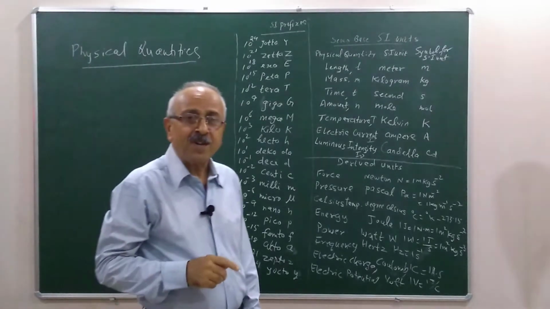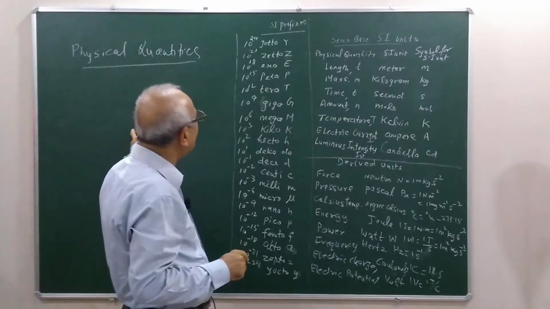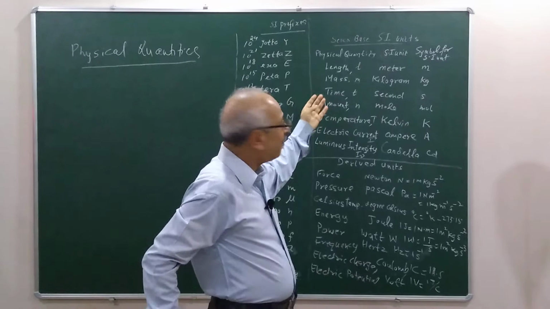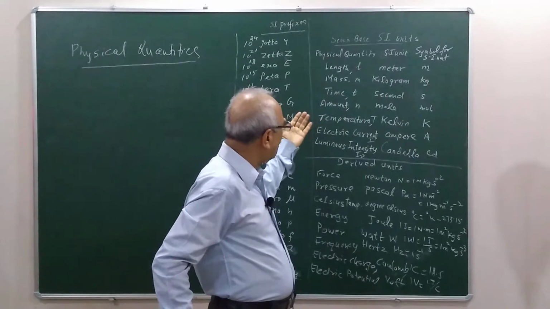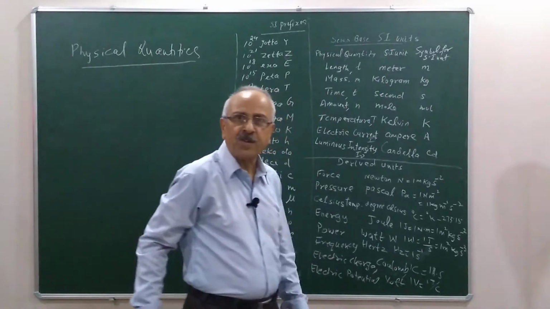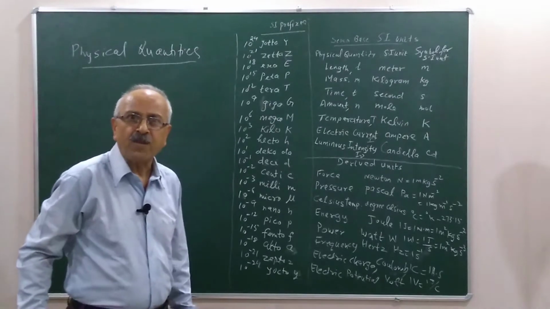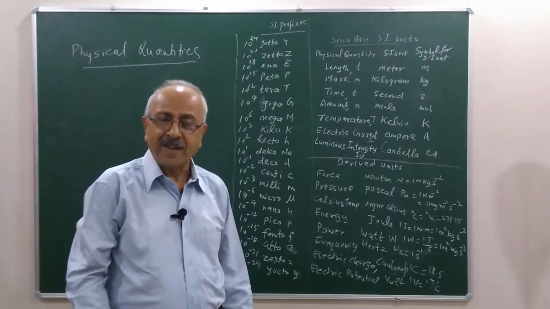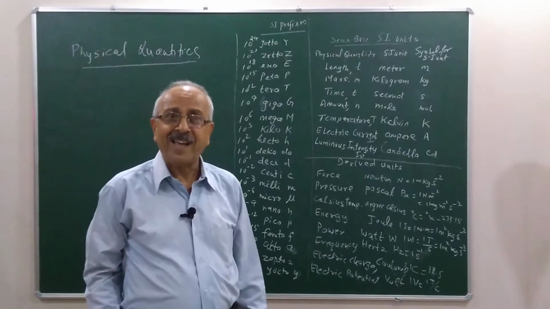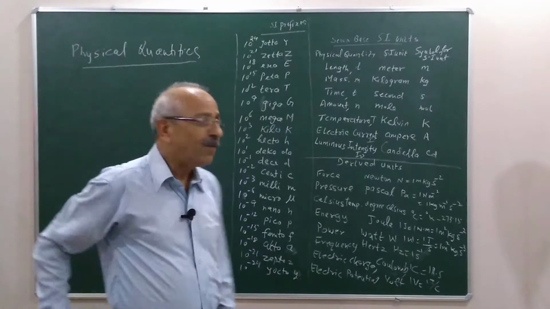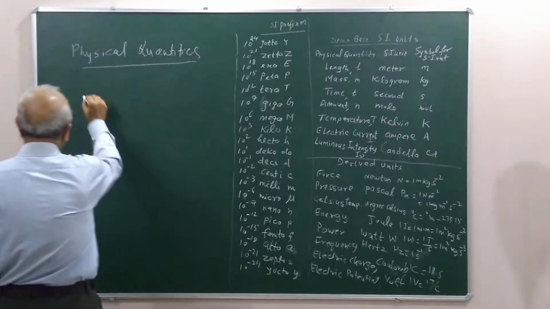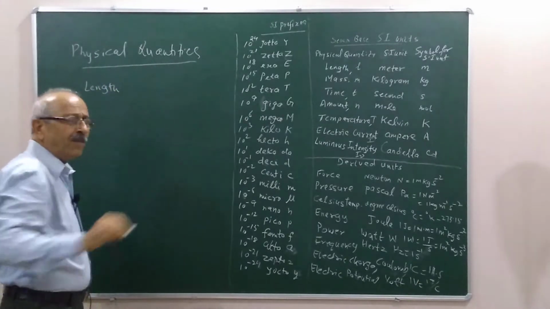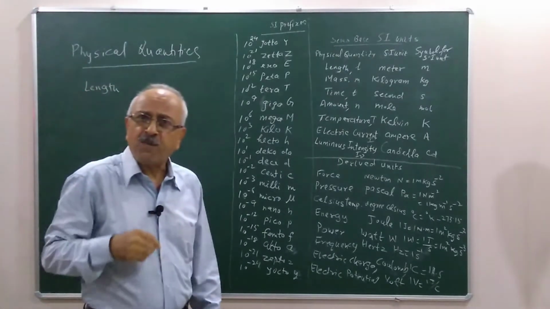Now the question is, what are these physical quantities? Here on the board I have already written length, mass, time, amount, temperature, force, pressure. These are all examples of physical quantities which we are measuring. For example, if we want to measure length, we use different types of units.